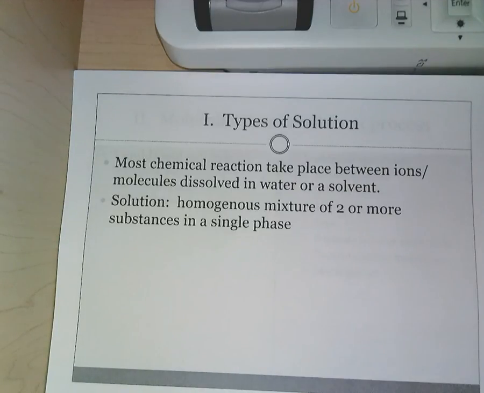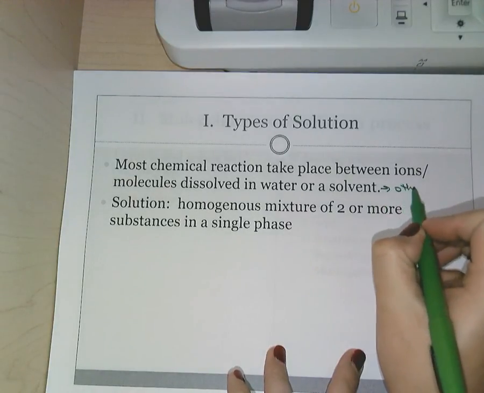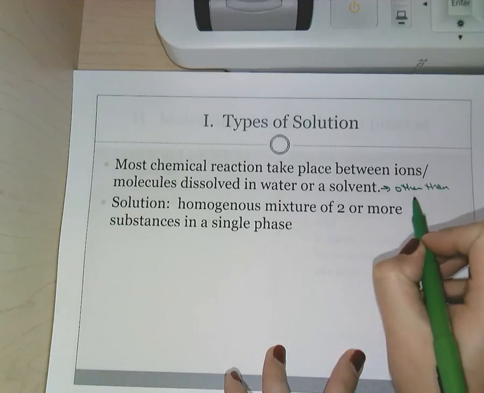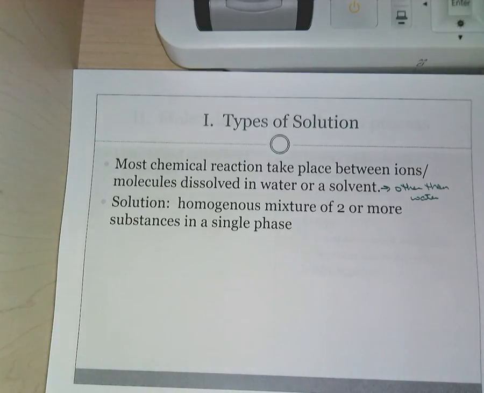All right, so chapter 12 is talking some more about solutions. Most of the chemical reactions we deal with take place between either ions or molecules dissolved in water or dissolved in some other solvent. And we talked about this chapters and chapters ago, right?